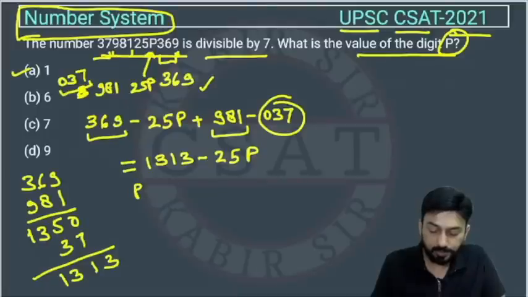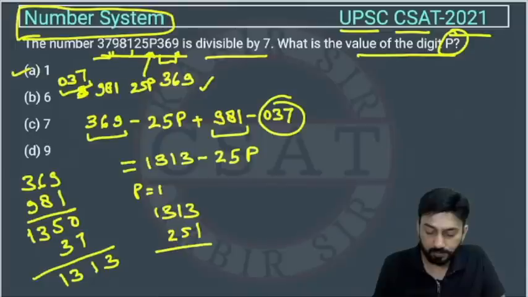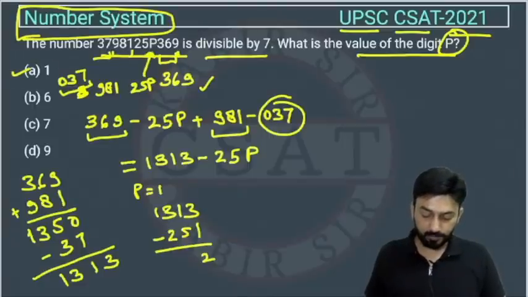Then this will be 1313 and we subtract 251 from it. So we get 2, then 11 minus 5 is 6, and 2 minus 2 is 0, and so on.